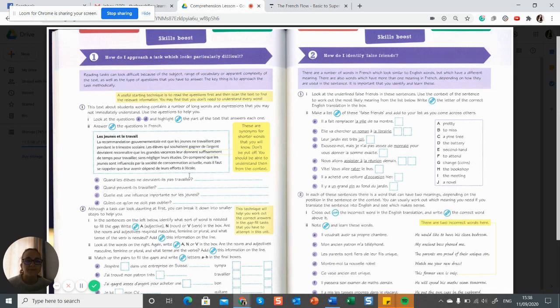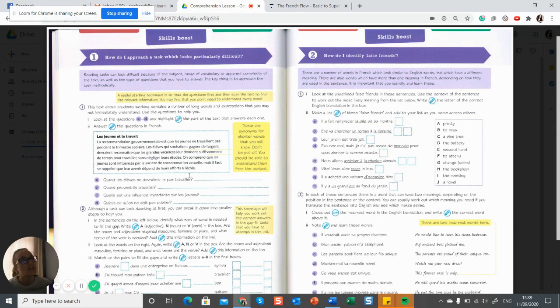But sometimes you will have words that look the same but mean different things, and that's what we call false friends. I'm not going to lie to you, there are a lot, but on this page it's just trying to give you the most common ones. One that is not on here, and I'll take as an example, is the word gentil.